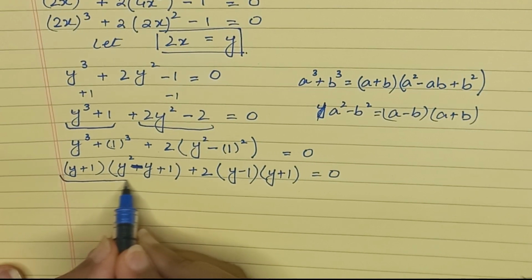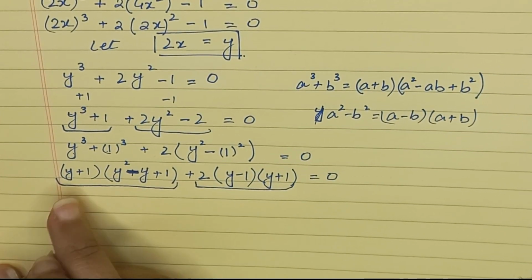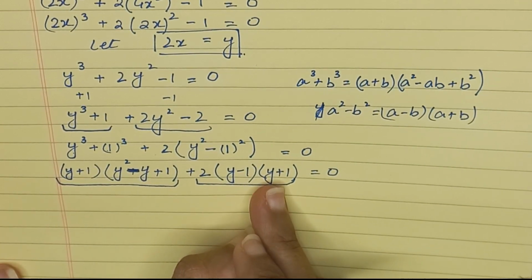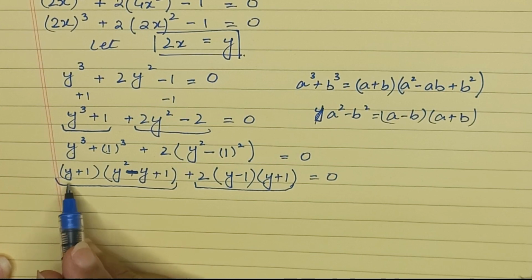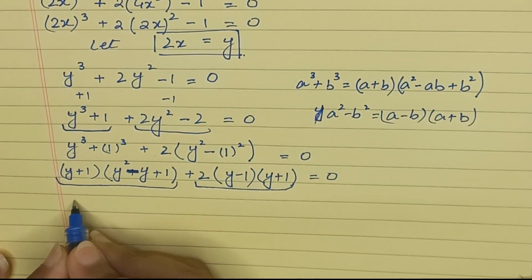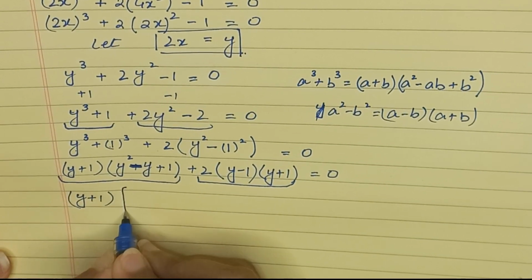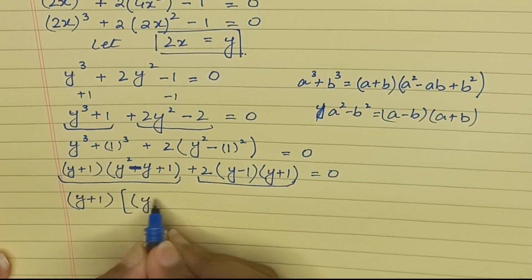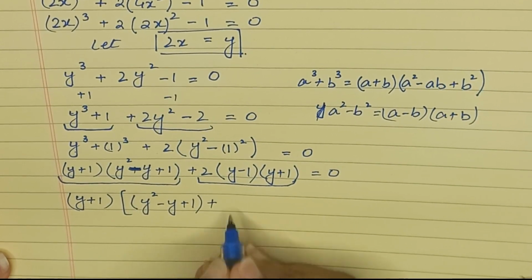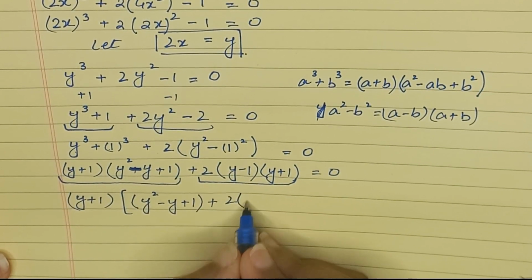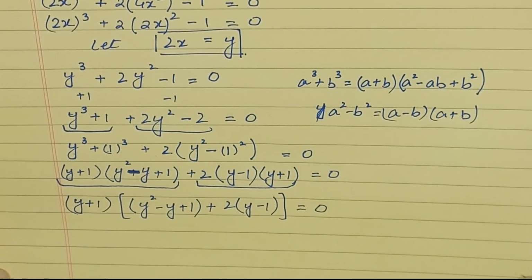So now we will take common y plus 1. Now we have remaining y square minus y plus 1, and from here 2 into (y minus 1), which is equal to 0.